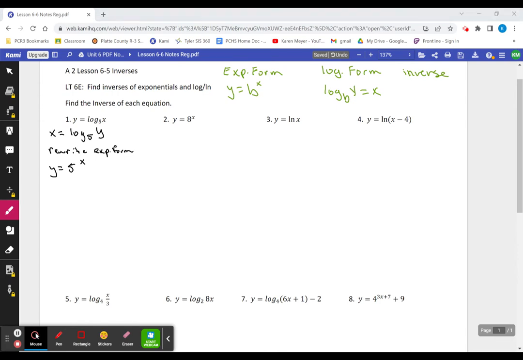Now, y is all by itself, so technically you're done, but we would like you to put in your inverse notation. And remember, inverse notation is anything raised to the negative first. So I'm going to say y raised to the negative first equals 5 raised to the x.